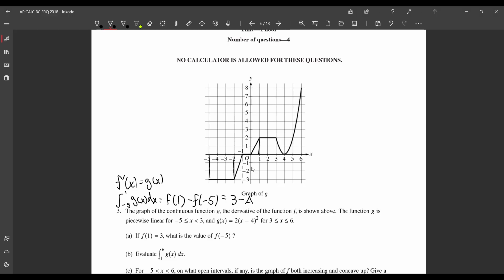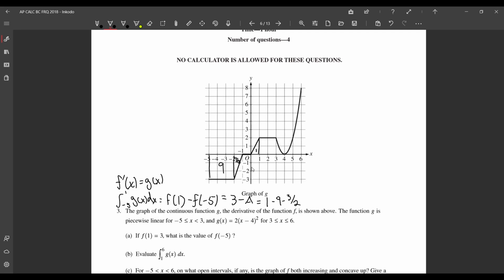Here we have what looks like a 3 by 3 square, so that's going to be 9. Here we have a 1 by 3 right triangle, so that's going to be 3 halves. And then here we have a 2 by 1 right triangle, so that's going to be 1. We have to take into account the signs of these areas, right? So the 1 will be positive, but the 9 and 3 halves will be negative, so minus 9 and minus 3 halves.